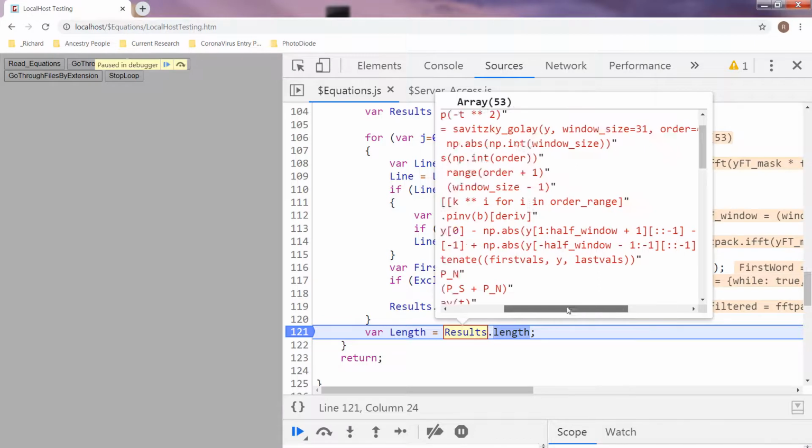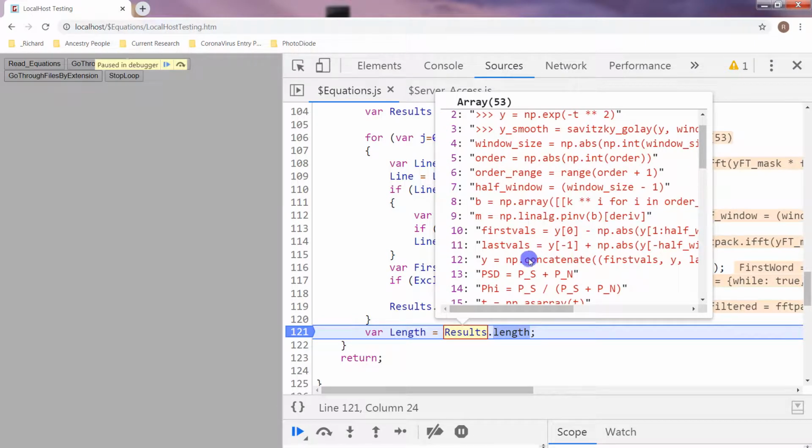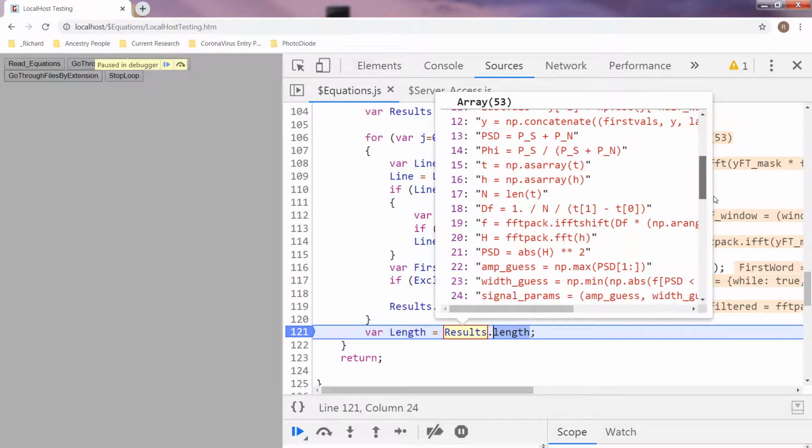Some of the syntax in here, there's a lot of string functions, I'd say the majority. Now FFT, there's 30 main FFT packs out there, and this one is not in NumPy. It's another one that they have in there. Inverse FFT shift, and they're doing a FFT pack. That's a forward one.